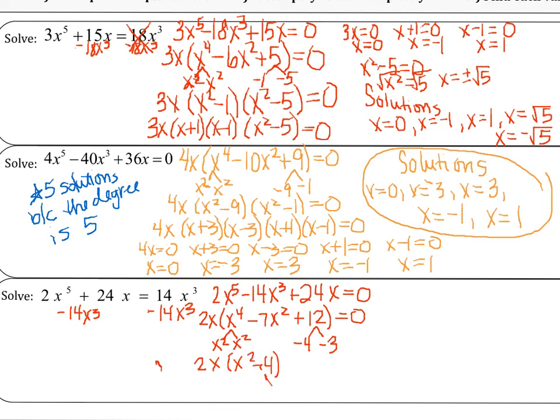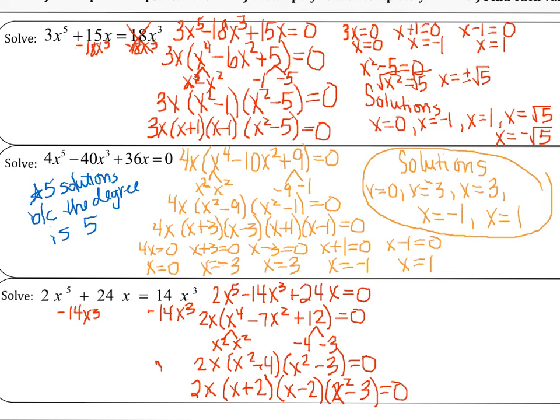It's a difference of 2 squares, so I'm going to have to simplify that more. Times the quantity x squared minus 3. Those aren't perfect squares, so that one will stay. So my final factored form is 2x times x plus 2 times x minus 2 times the quantity, oops, that should be x squared minus 3 equals 0.